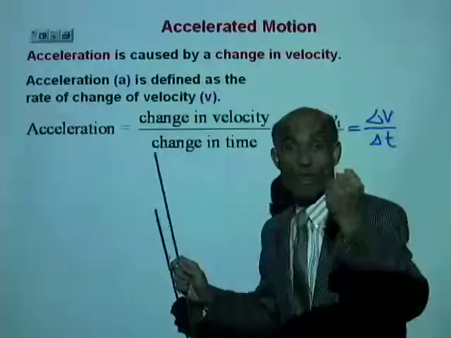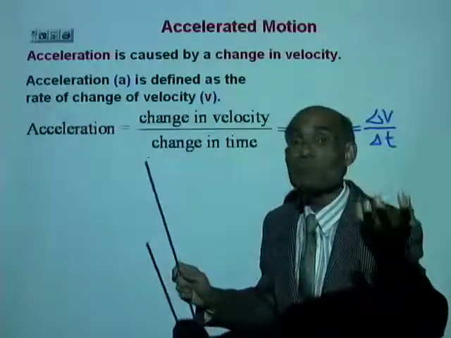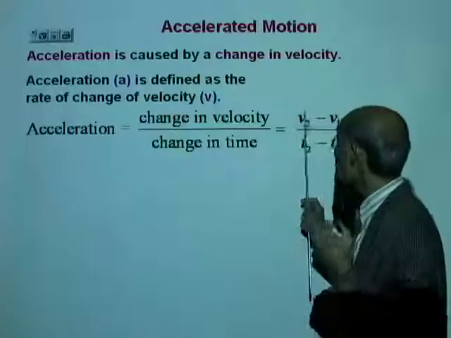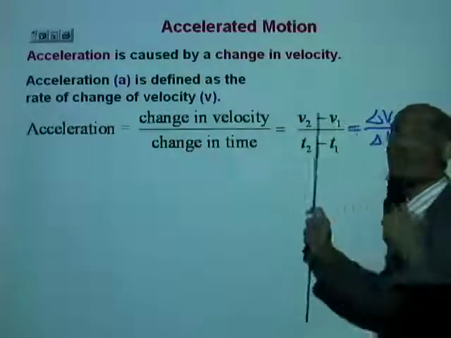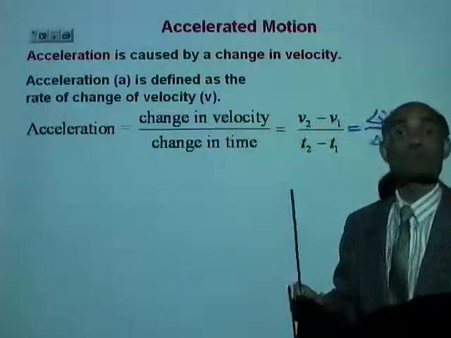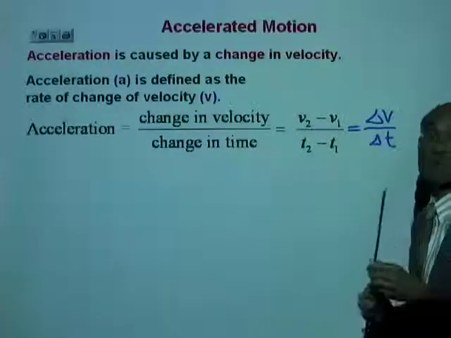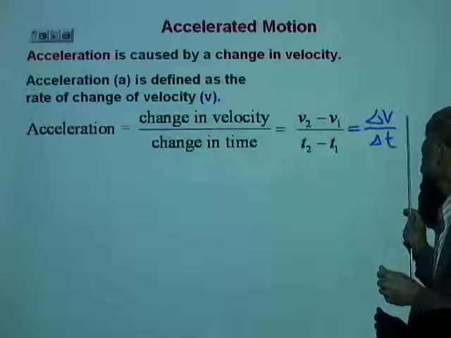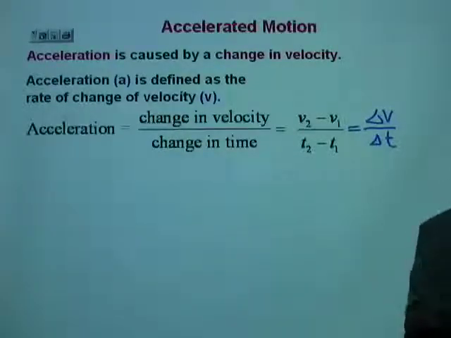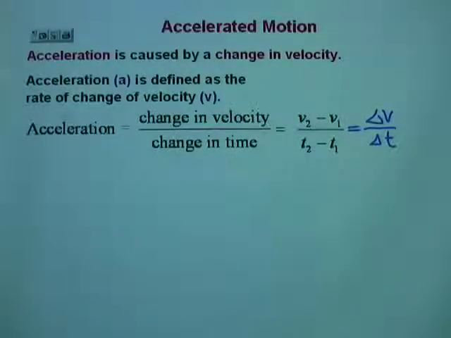So if the velocity is measured in meter per second, the change in velocity delta v also is measured in meter per second. And so what is the unit for acceleration? It will be meter per second divided by second. Is that right? What is meter per second divided by second?